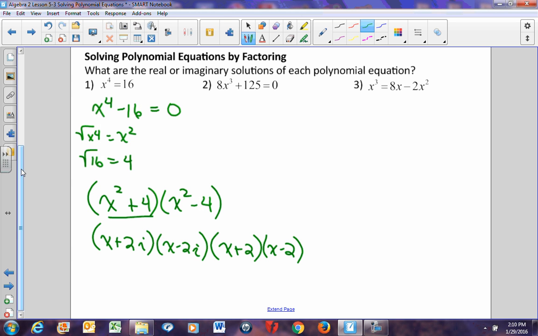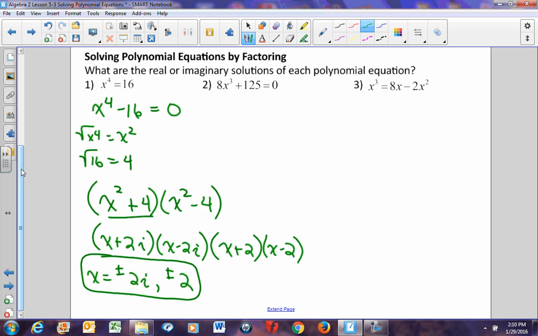If we set all those equal to 0, x will equal plus or minus 2i and plus or minus 2. So it has 2 real number solutions and 2 imaginary number solutions.